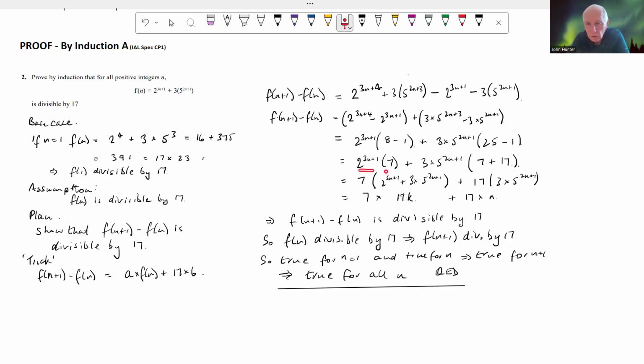So if we group that and then this part here into this term, then we've got 17 lots of this left over here. Okay, so this is our f of n as per there, and by our assumption it is divisible by 17. So we'll just write it's 17 times k. And then obviously we've factorized 17 out of that.